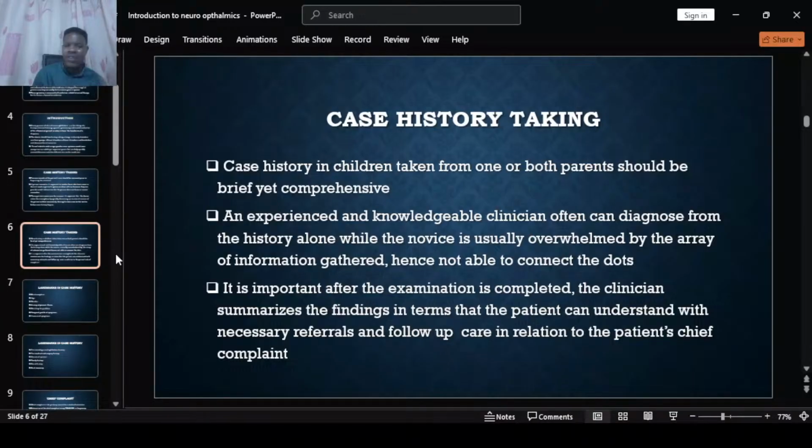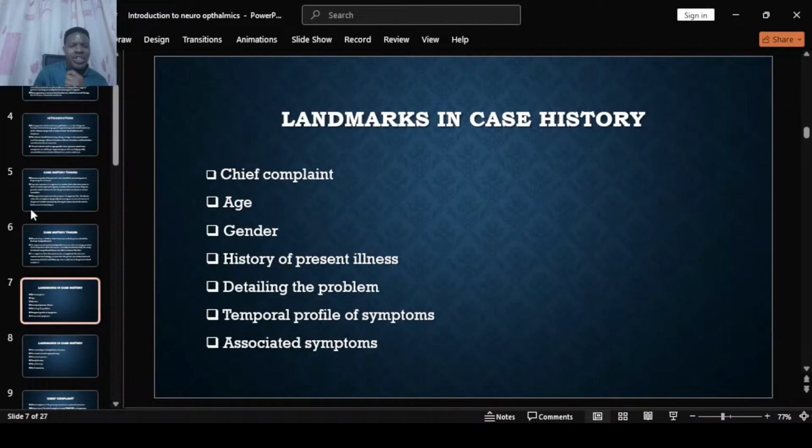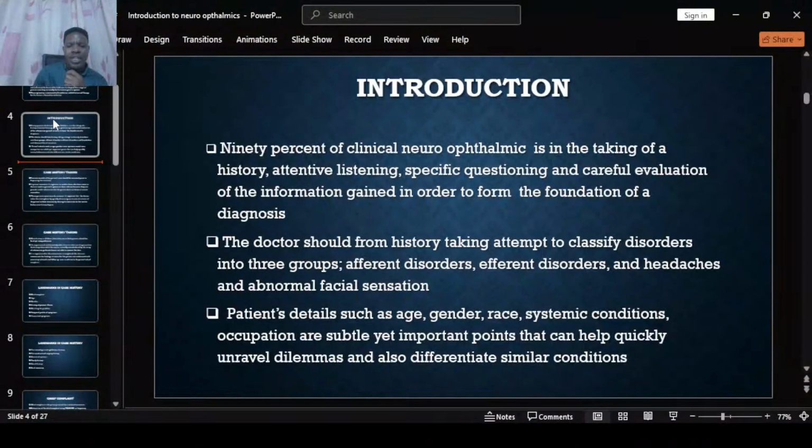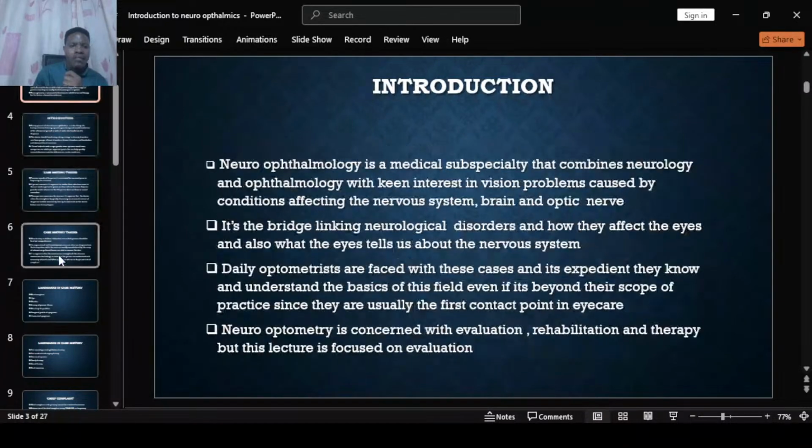Or the patient came with maybe a deviated eye, and then we are talking about something else. So we must tell them that at the end of the day, whatever we are doing, we are able to meet the patient's chief complaints.